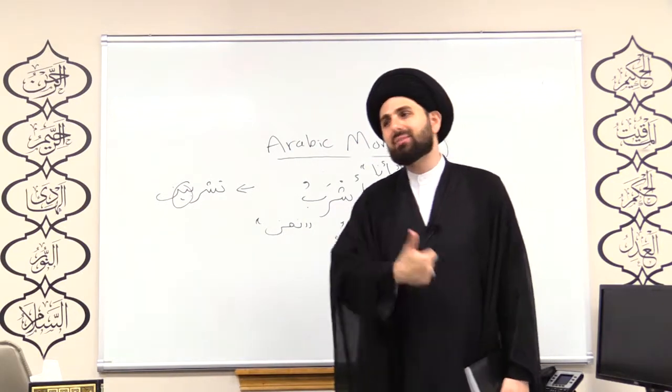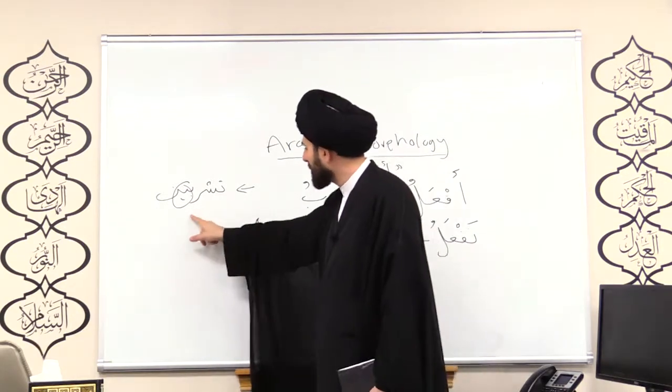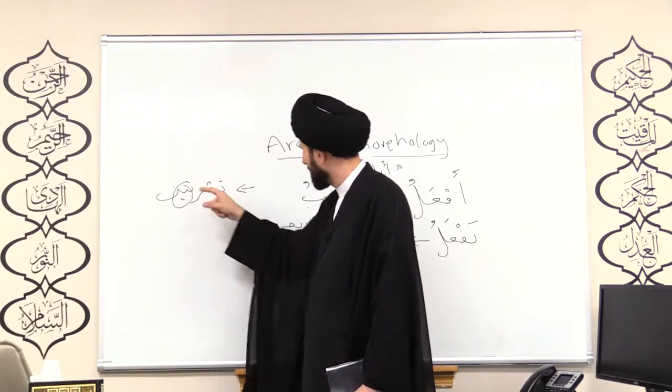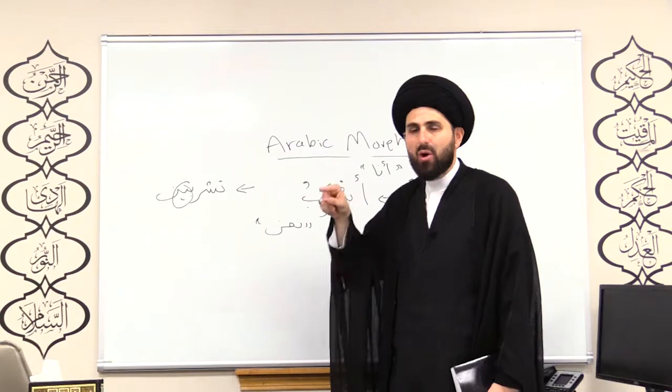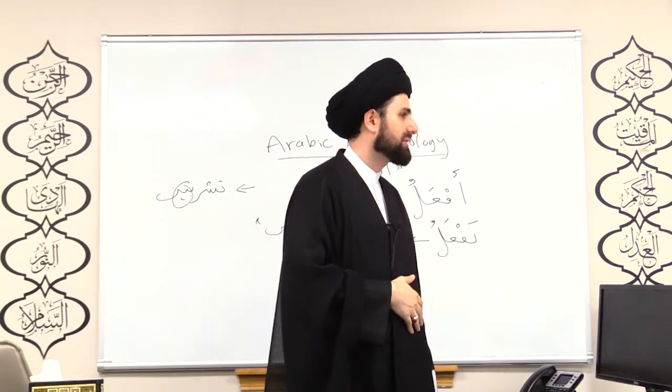The pronoun has to come after the verb. Like see, tashrabina, this is a pronoun because it's after the verb. Or tashrabuna, that waw comes after the verb. That's the difference between them. So fi'l al-mudara has 5 hidden pronouns, fi'l al-madi has 2 hidden pronouns.